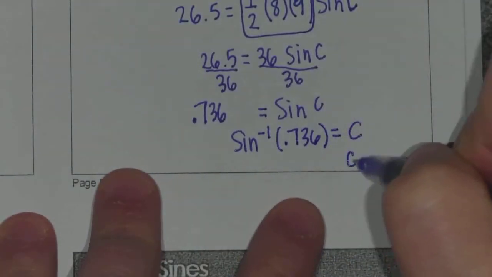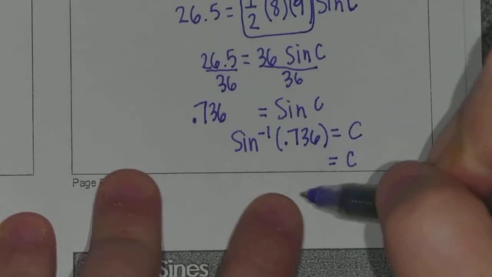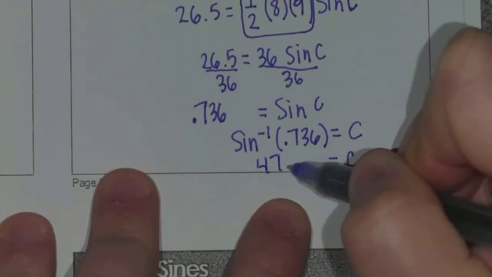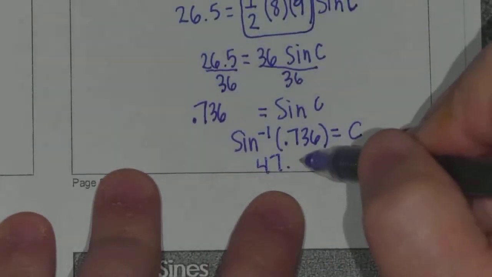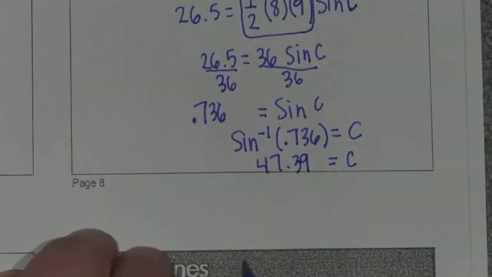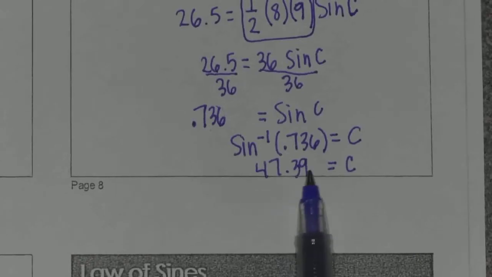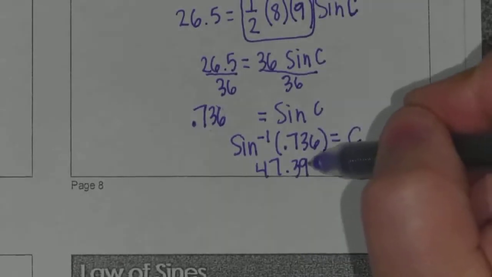So tell me what my angle is. 47.39. Yeah. If you rounded or didn't round on this number, like I left mine on my calculator, mine ended up to be 47.4, almost exactly. So if you're a little bit off, that's okay. And this is in degrees, right? Because that's an angle measure.